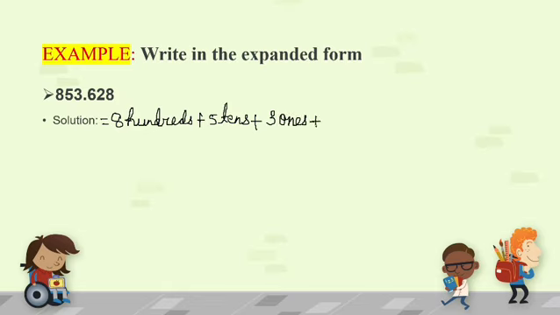Then comes your 6, and 6 is after the decimal point, and after the decimal point your decimal fraction part starts, right? And what is the place value of 6? Tenths place, right? So we will write 6 tenths. Then we will write the next number 2, which is in hundredths place.